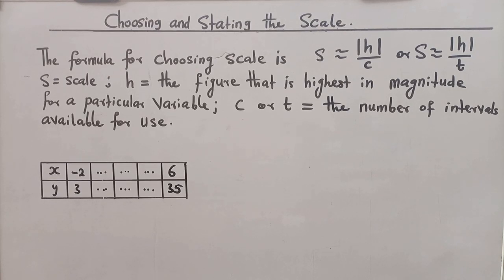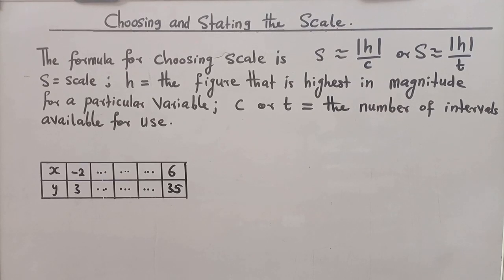That 1 that I wrote corresponding to the first interval is called the scale. So scale is the value chosen to represent one interval on the axis, not everywhere on the graph page.